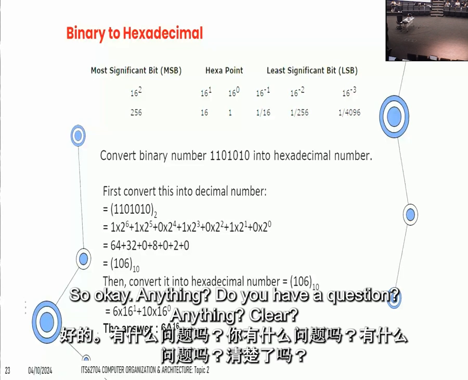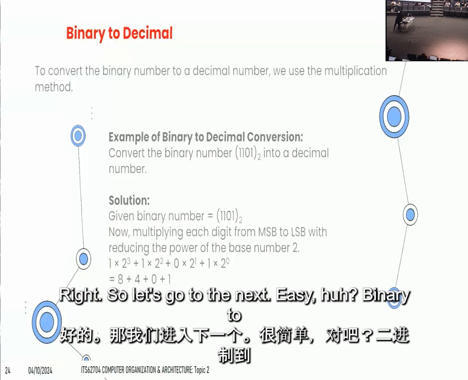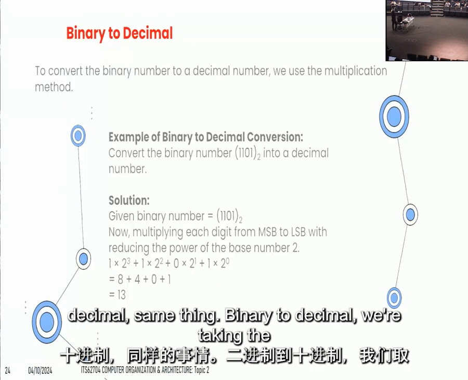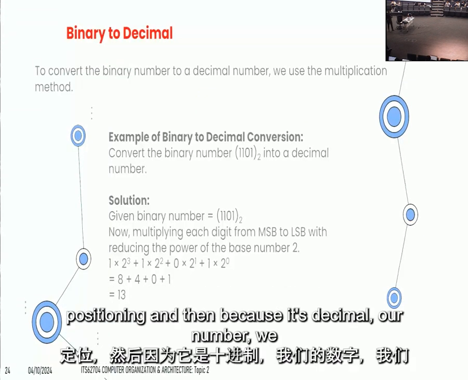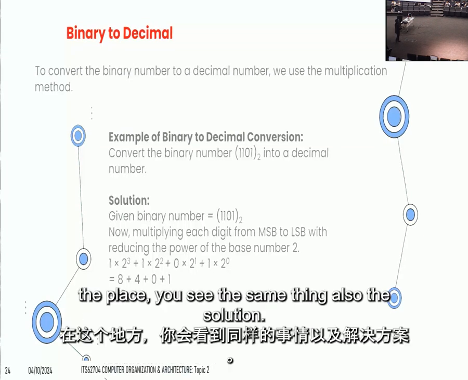Anything unclear? Right, so let's go to the next, which is easier. Binary to decimal, same thing. We take the positioning, and because it is decimal, our number, we understand that, is times 10, right? So for binary, the solution is the same.